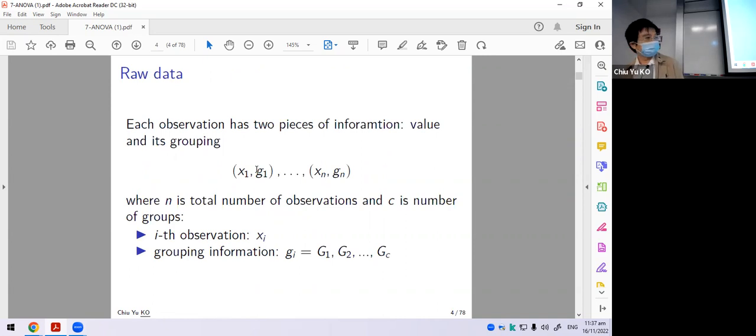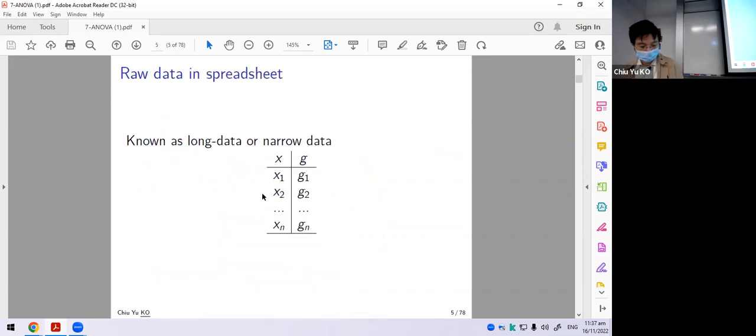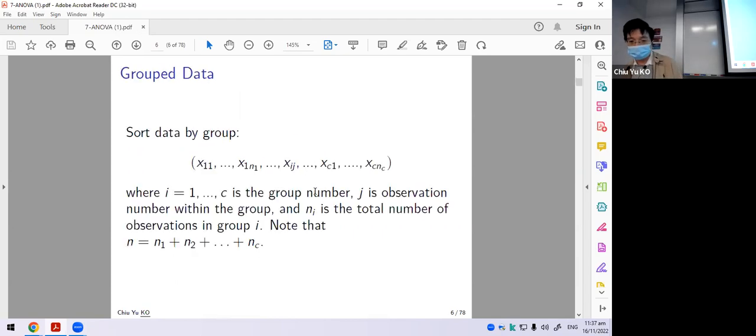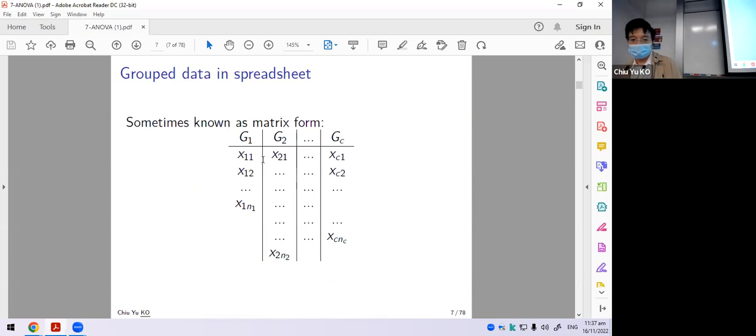Okay, so the data you have is each one together with the groupings. And this is usually collected from your data set, right? And then usually we group them by a list where you would put them in the matrix form, right?